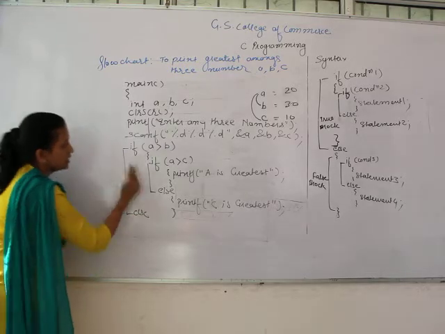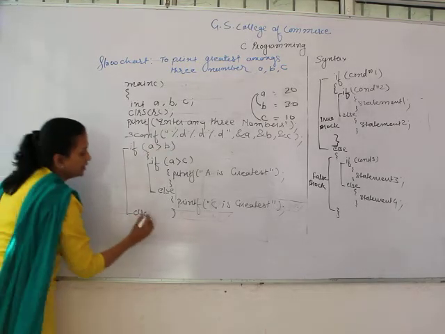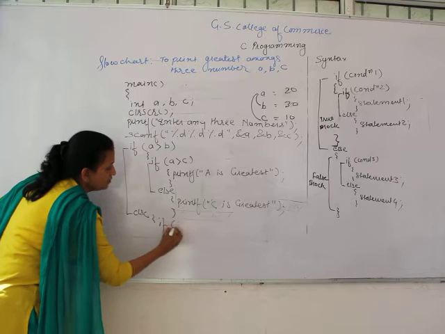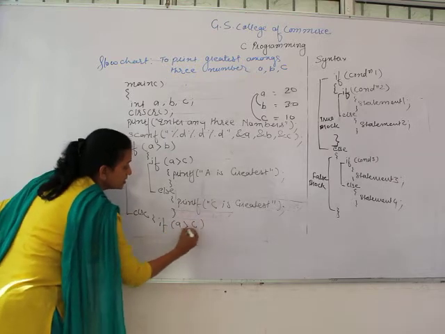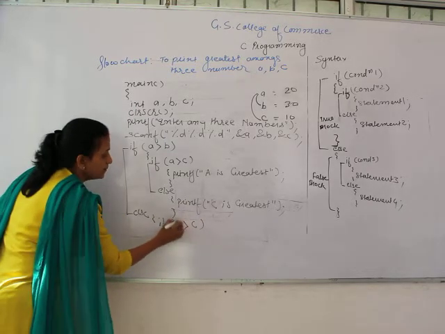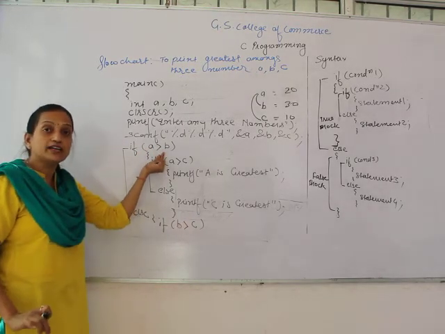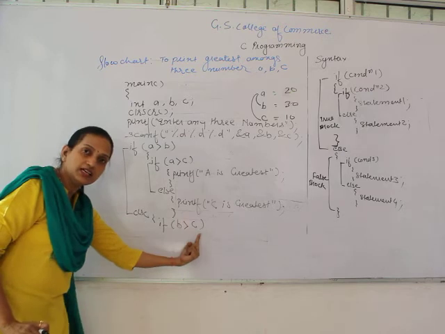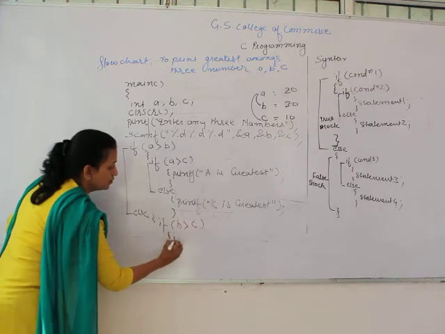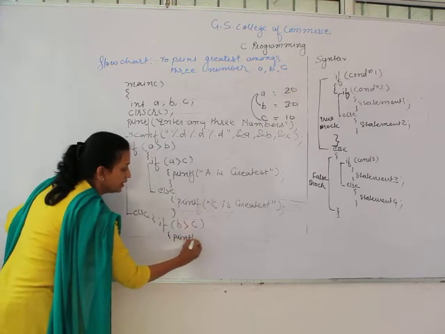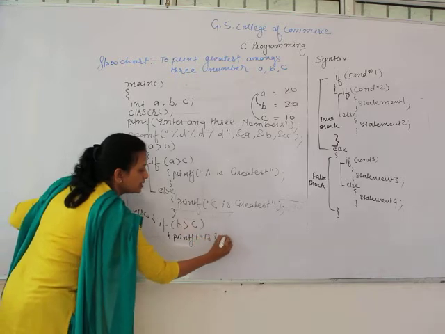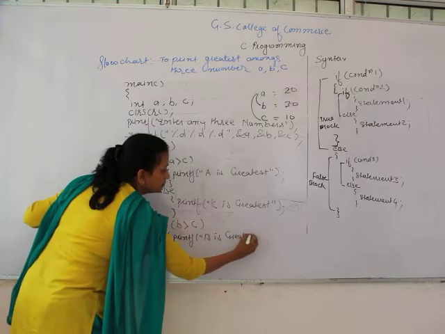So for this, if A is not greater than B, then you have to check if B is greater than C. If A is not greater than B, then who is greater? B is greater. Then compare B with C. So if B is greater, then printf B is greatest.